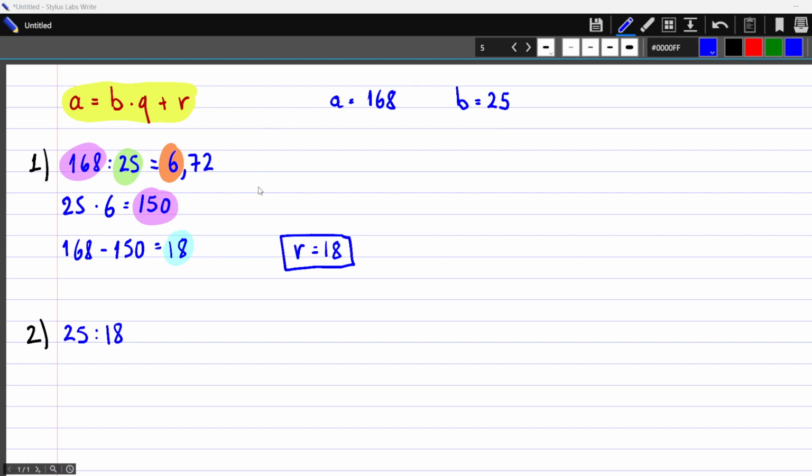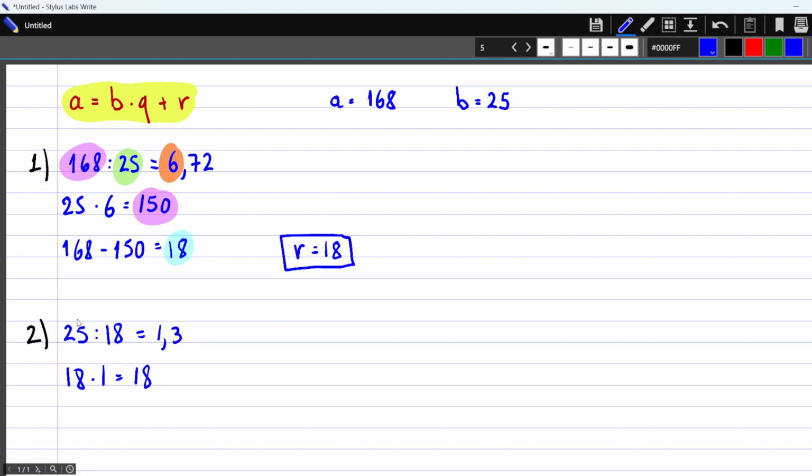So I only need 1.3, and what I really need is 1, the integer part here. So what I'm going to do next is pick this one and multiply it by this one. So it is 18 times 1 equals 18.